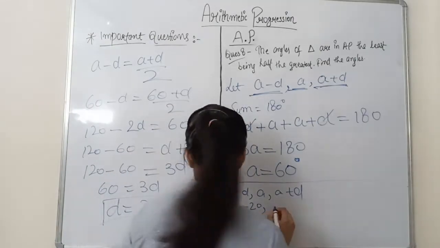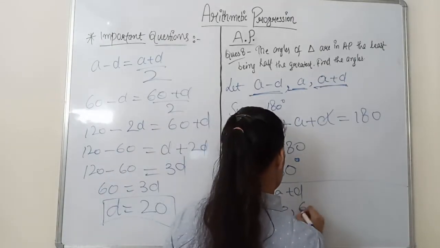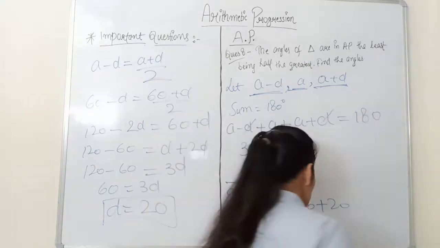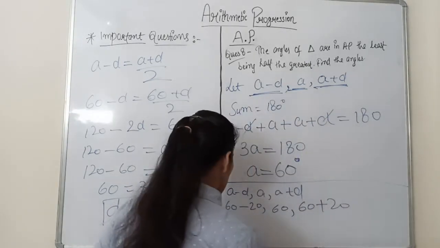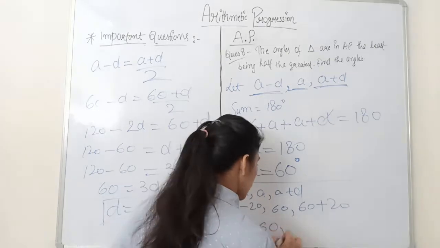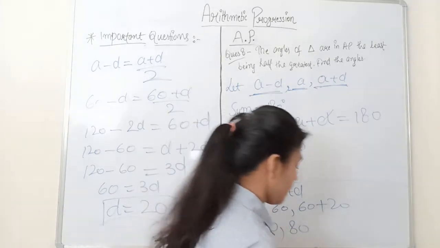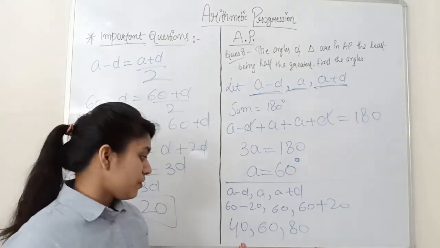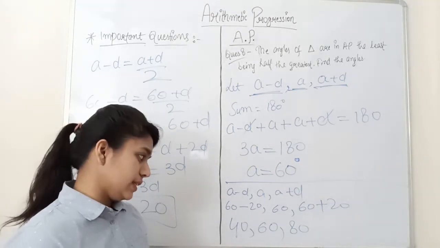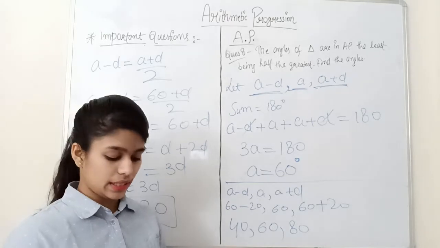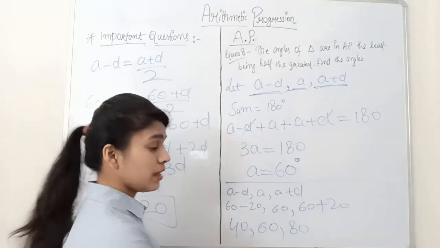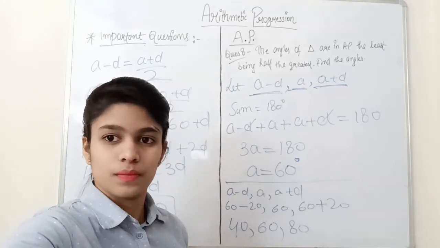So 60 minus 20, 60, 60 plus 20. 60 minus 20 will be 40. 40, 60, 80. This is our required AP. Or we can say that these are our angles. 40, 60, 80 is our required arithmetic progression. These angles are in arithmetic progression.